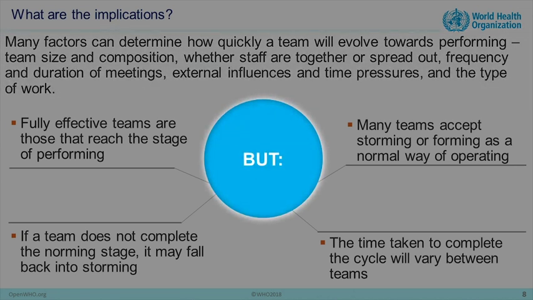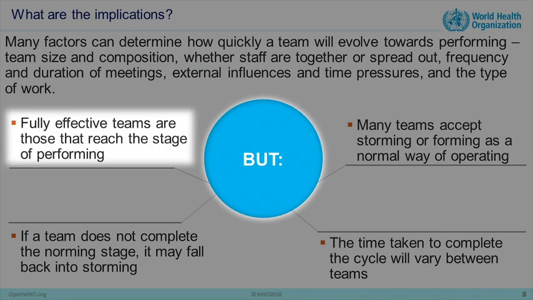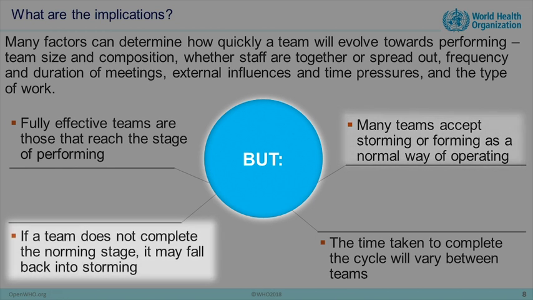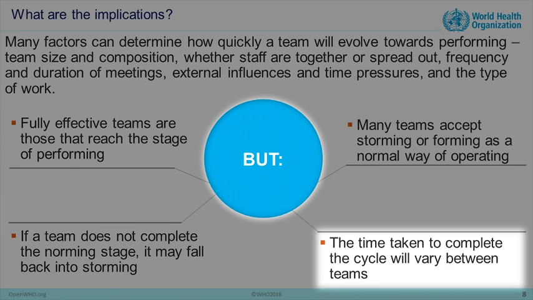But fully effective teams are those that reach the stage of performing. Many teams accept storming or forming as a normal way of operating. If a team does not complete the norming stage, it may fall back into storming. The time taken to complete the cycle will vary between teams.